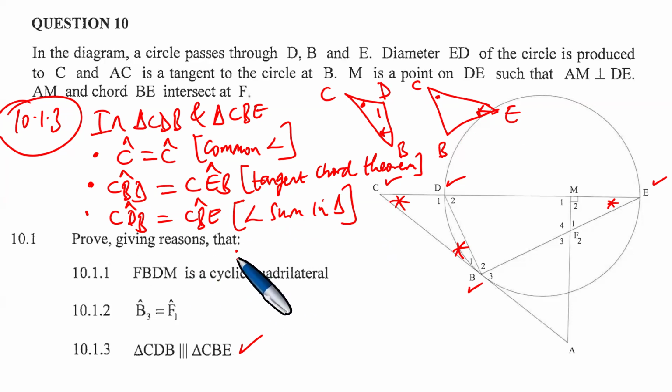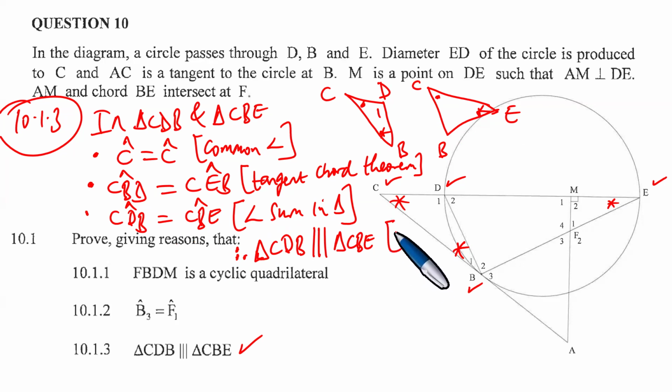And therefore triangle CDB is similar to triangle CBE. Why are these triangles similar?